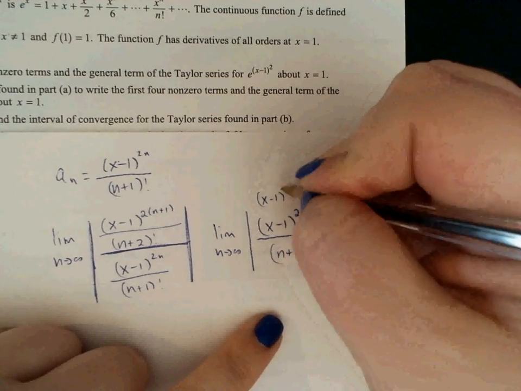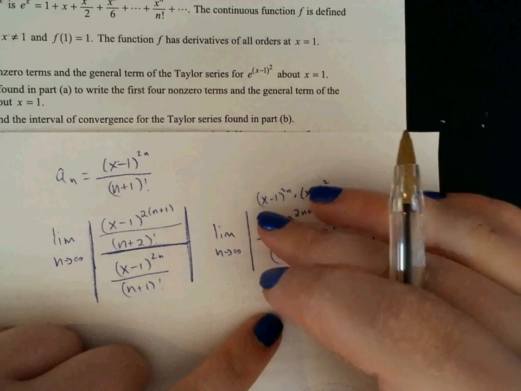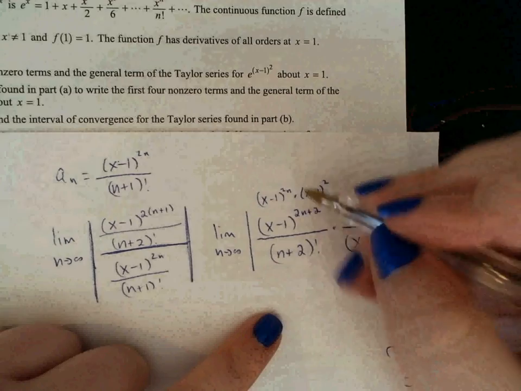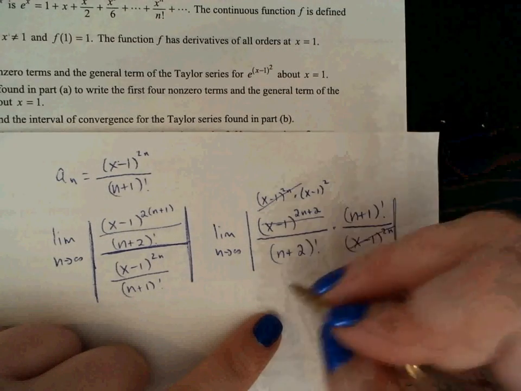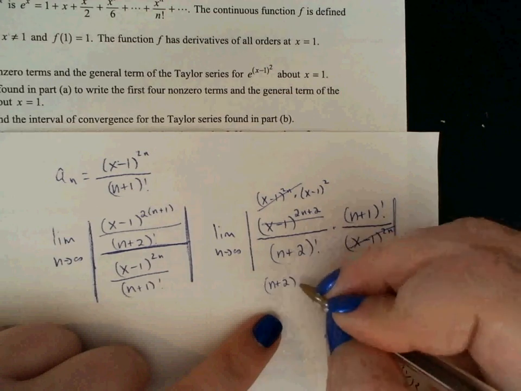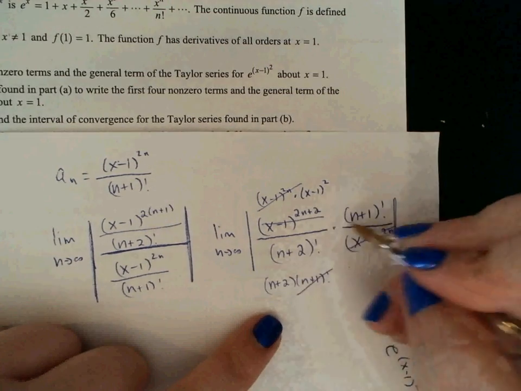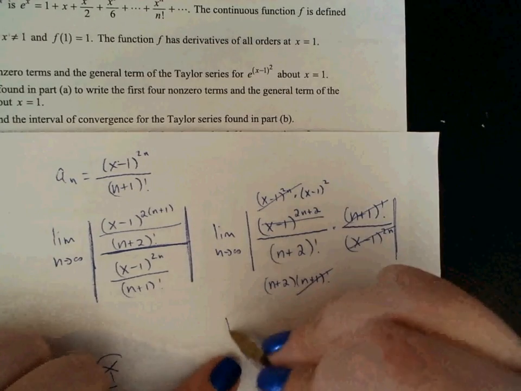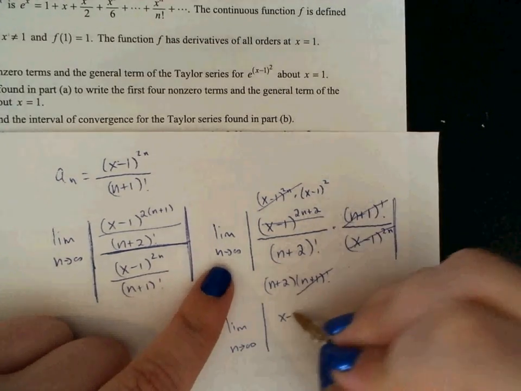So remember, n is the variable, not x. This is (x minus 1)^(2n) times (x minus 1) squared, because when you have the same base and you multiply them, you add the powers. Which means this and this can go away. And then (n plus 2) factorial is just (n plus 2) times (n plus 1) factorial, so (n plus 1) factorial goes away.